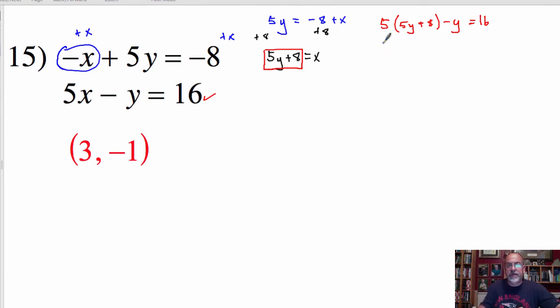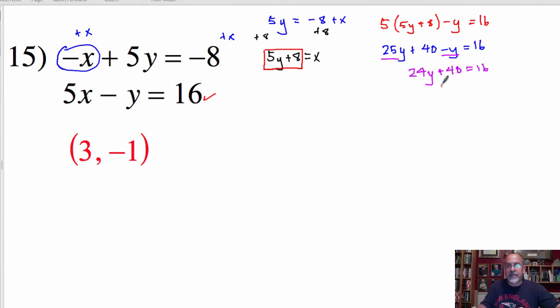So remove the parentheses by distributing, so it's 25y plus 40 minus y is equal to 16. Simplify each side of the equation by looking for like terms. So I have like terms here, so that's going to be 24y plus 40 is equal to 16.